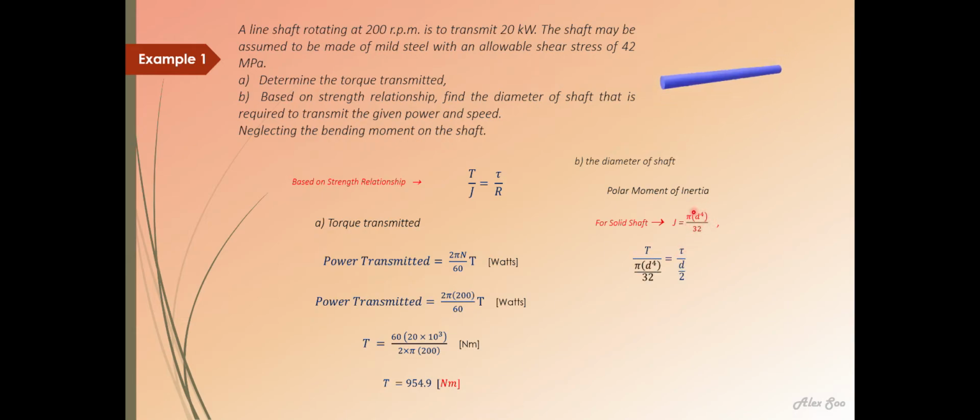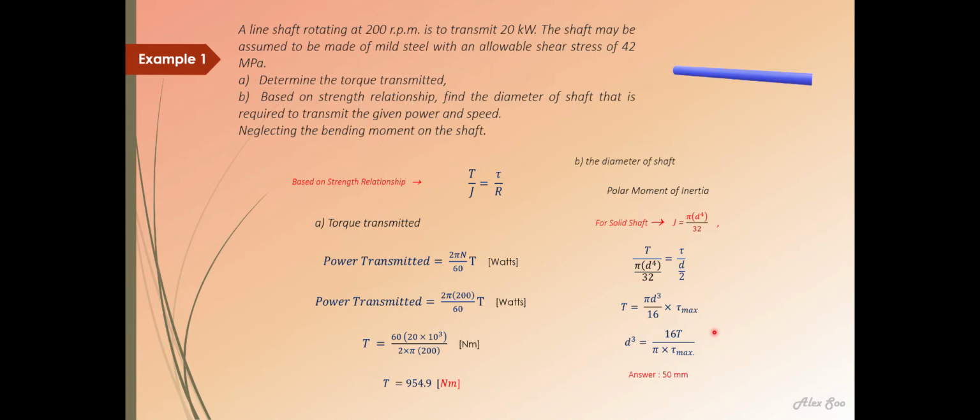If we substitute this J, equal to pi d4 over 32, into this equation, and the radius, which is diameter over 2, it comes to this equation here. Manipulating this, 32 with 2, you have 16. D to the power of 4 with the D here, you have D cubed, and tau max. So you can find the diameter as 50 millimeter.